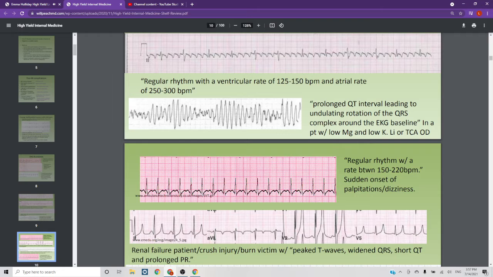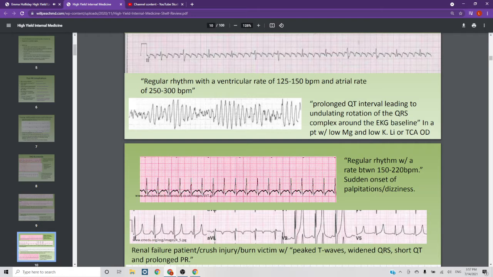Okay, so what's this first one? Slow, fast, or normal? That's fast, so it's a tachycardia. Take a guess. Ectopic atrial. This is supraventricular tachycardia.